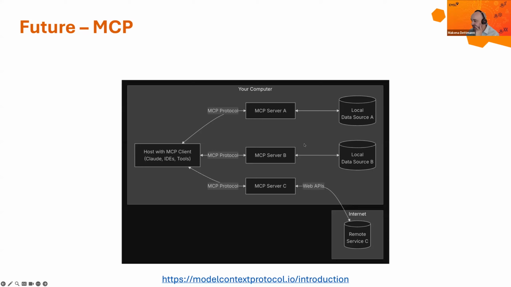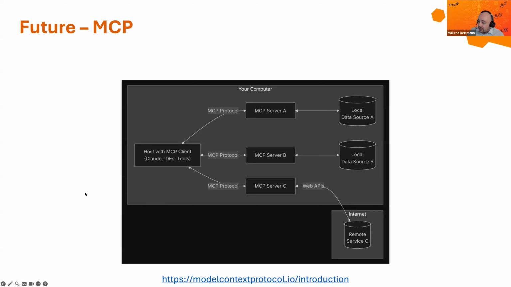MCP is designed mostly for local tools, like maybe your calendar app running on your machine. In the future, there's an idea that there'll be more integration through web APIs. So in a way, this is thought of as the future of APIs for these agentic systems. But it's still the Wild West, and all of these things are very new and experimental.